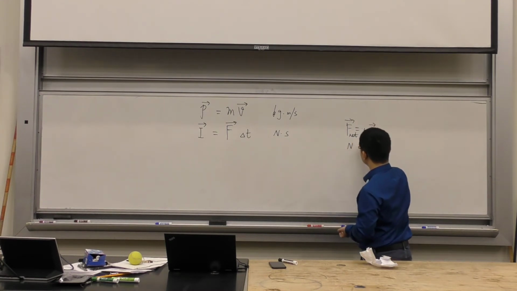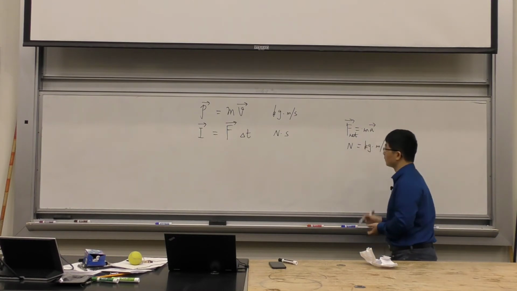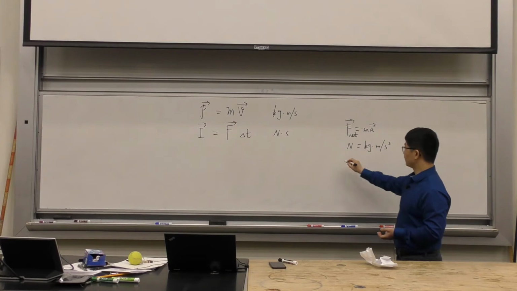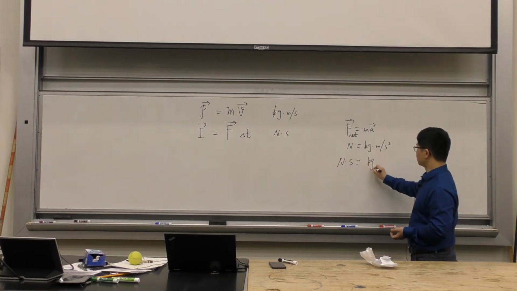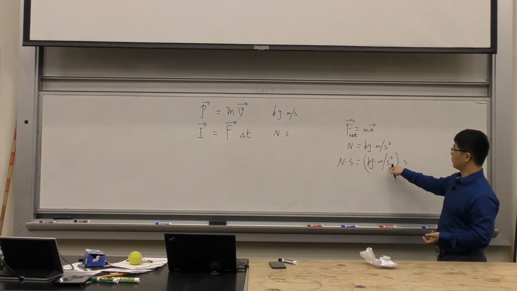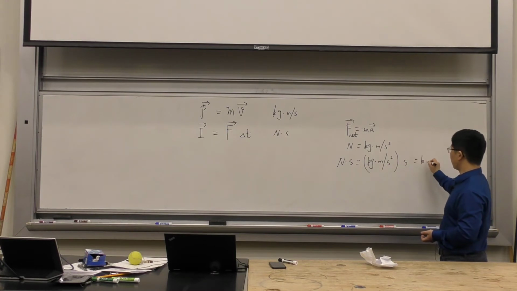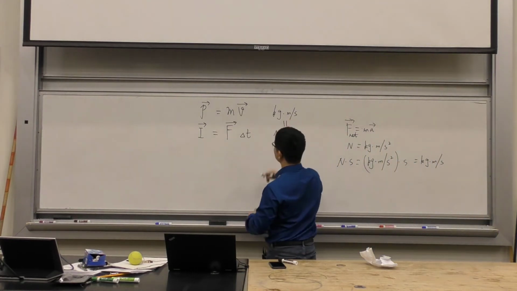So 1 newton equals kilograms times meters per second squared. If you multiply that by seconds, you get kilograms times meters per second squared times another second. One second cancels part of this, and you get kilograms times meters over second. So these two units are totally equivalent.